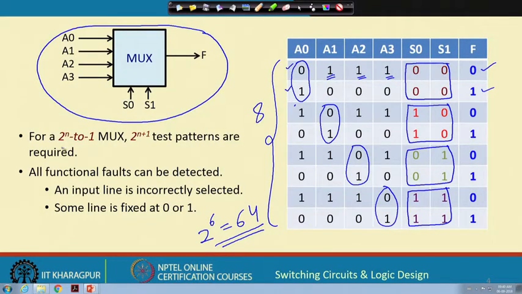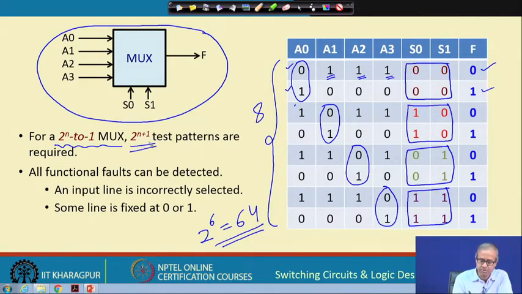So, in general, for a 2 to the power n to 1 line multiplexer with n select lines, we need 2 to the power n plus 1 test vectors. Here this n was 2, that is why we need 2 to the power 3 equal to 8 test vectors. And in this scheme, all the functional faults can be detected. Like what are the functional faults we are talking about?